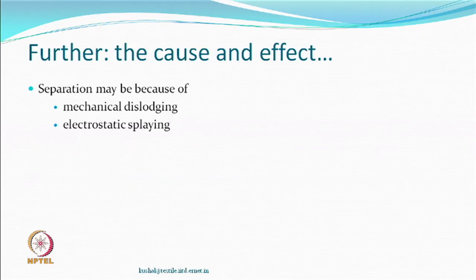The separation could be because of mechanical dislodging. You remember, we apply a spin finish, and one of the aims of the spin finish is reduction of the friction, of course, reduction or elimination of static charge generation, and also hopefully keeping the filaments together. Some type of cohesive bonding should be there.